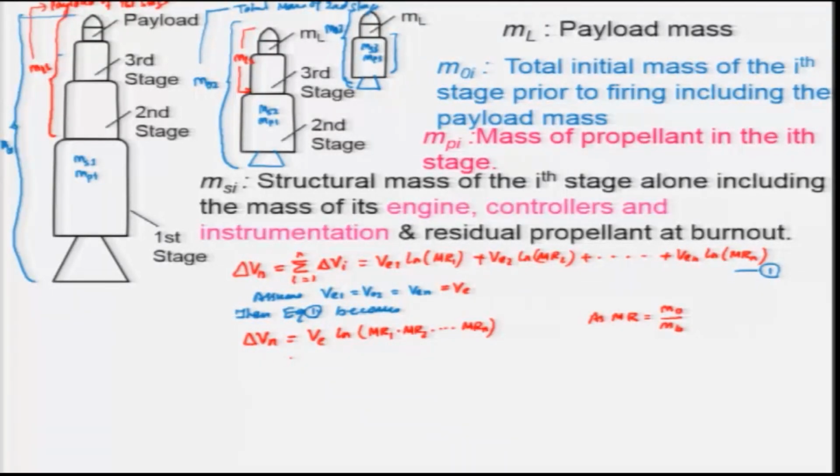Therefore, I can write this as VE ln of m naught 1 by mb1, into m naught 2 by mb2, and it goes on like that, up to m naught n divided by mbn.